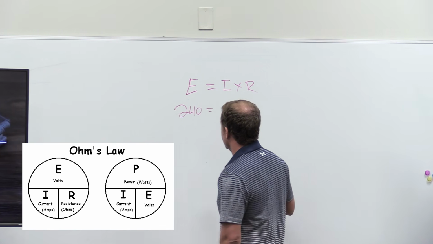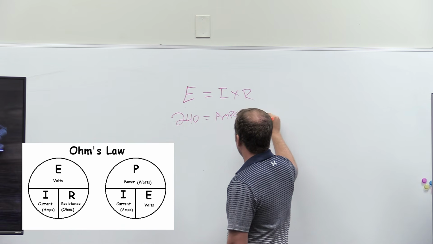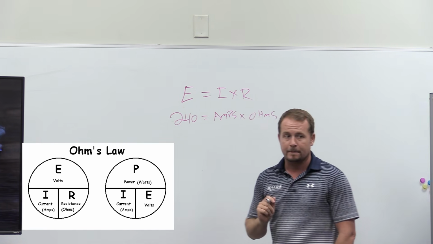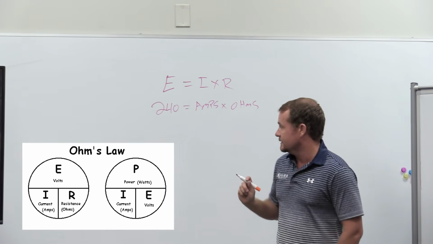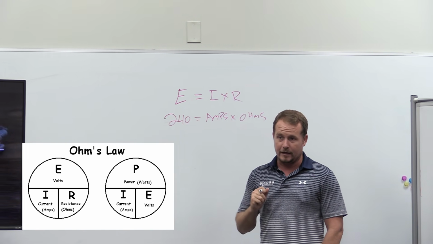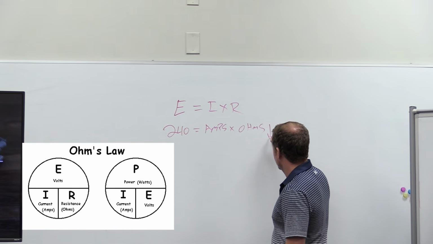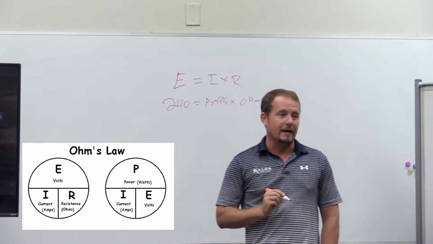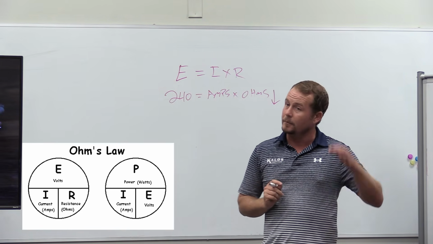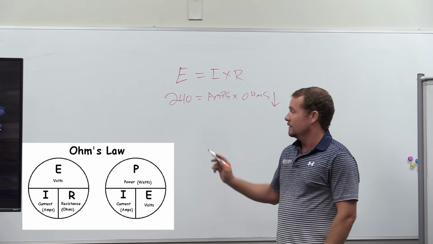So 240 volts equals amps times ohms, all right? So if 240 is fixed and I change ohms, which is what I'm doing when I cut a piece off of that heat strip, and I change them down, does my amps go down or up? If I decrease my resistance, the amps go up.